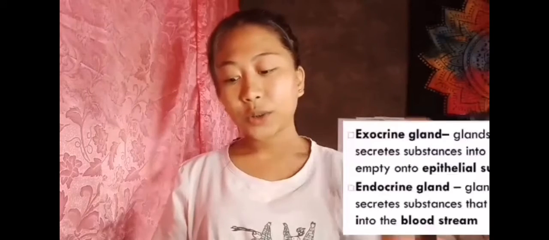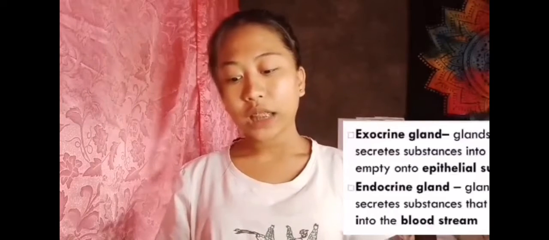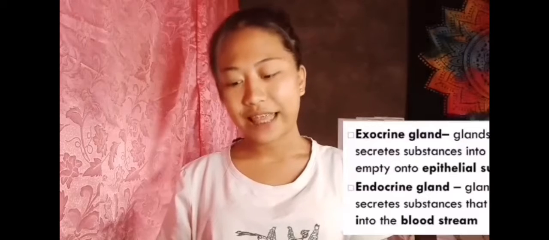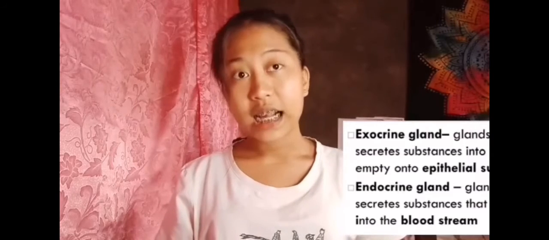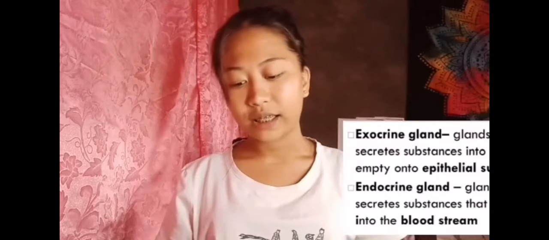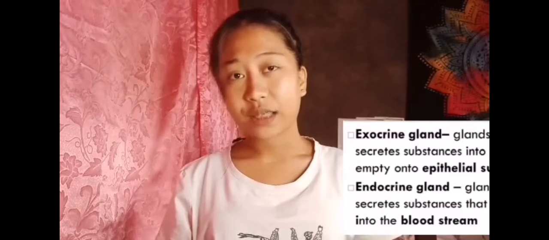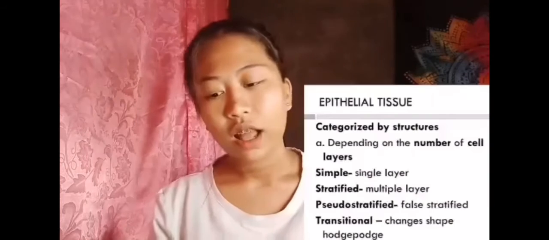These are the two kinds of glandular epithelium. First, exocrine glands: glands that secrete substances into ducts that empty onto the epithelial surface. The second is endocrine glands: glands that secrete substances that diffuse into the bloodstream.